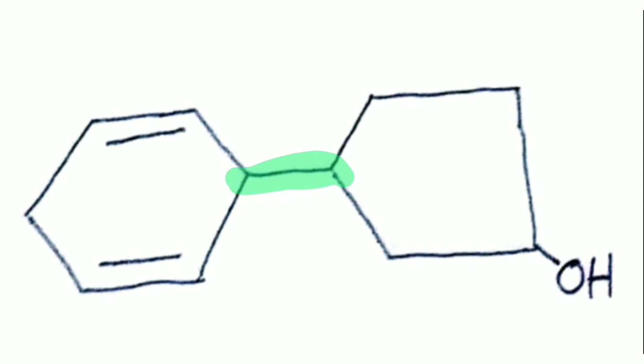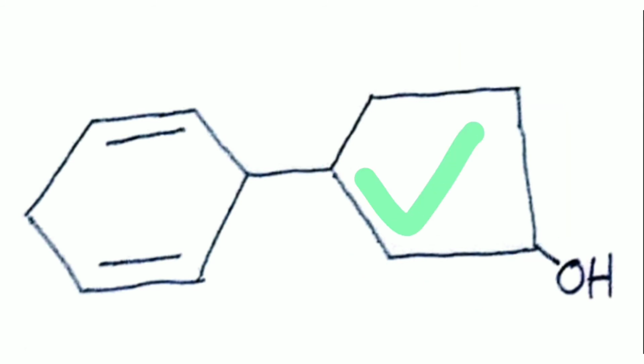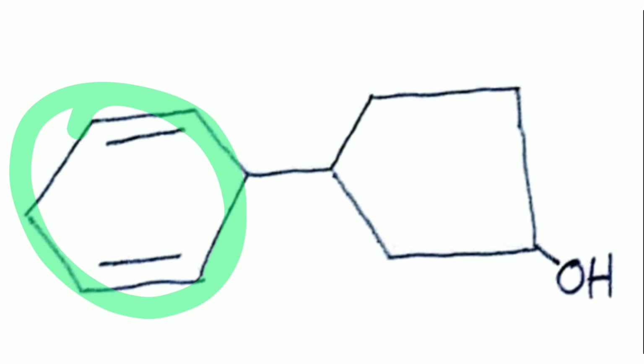So basically, which one are we going to use as our principal carbon chain, guys? It's going to be the one which consists of the functional group and not the double bonds. Since we know that the functional group always gets greater priority over the double or triple bonds. Okay, guys? So therefore, this 5 carbon ring will be our principal carbon chain, and this will be our substituent. This cyclohexadiene sort of structure will be our substituent.